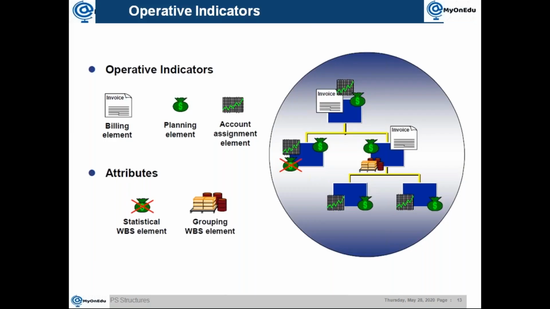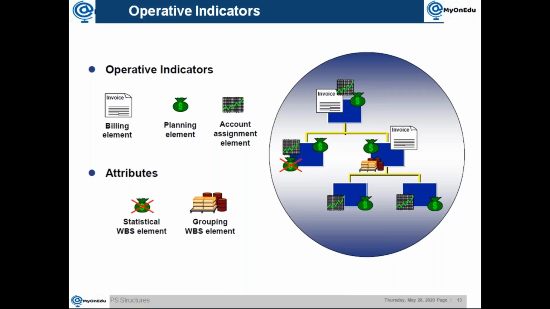There is something called operative indicators. It is a small checkbox on the WBS element, but the impact is huge. There are 3 operative indicators: billing element, planning element, and account assignment element.